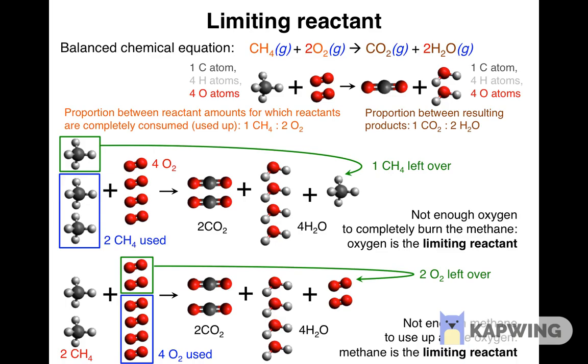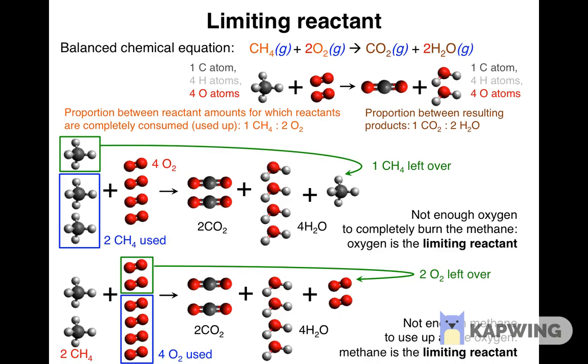In this scenario, methane is the limiting reactant because there isn't enough of it to completely use up all oxygen. In both cases that we considered and in general, the limiting reactant is the reactant that is used up completely when some amounts of the other reactants still remain.